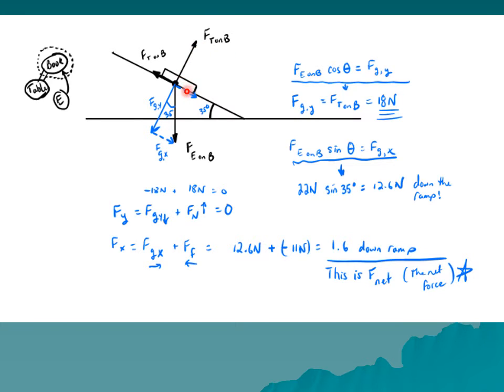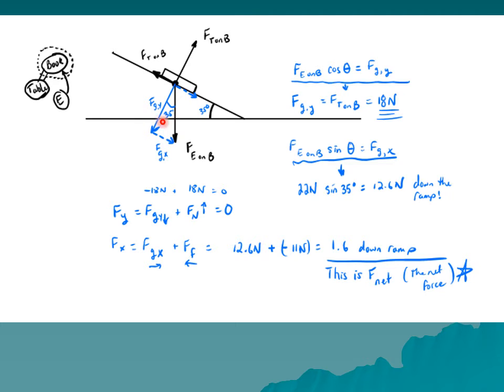So I went ahead in blue and I've drawn the component forces. This angle here, the 35 degrees, is imposed over here, law of triangles. If you just orient it over its geometry, that's the same angle. And so this is the force of gravity acting in the y direction, and so I've used that y subscript as well, and this is the force of gravity acting in the x. And that's what's pulling it down the table. This is what's holding it to the table.